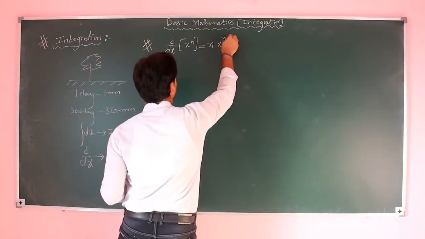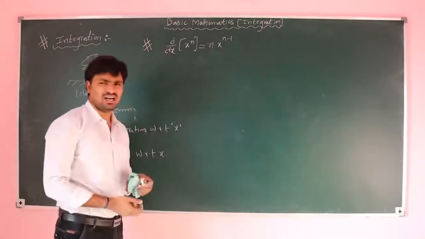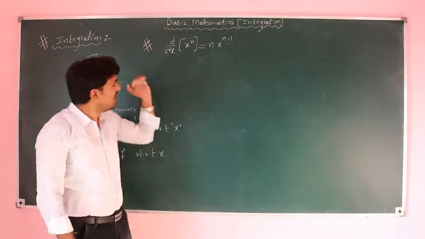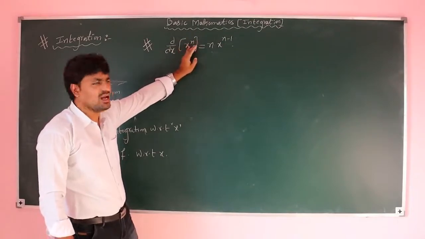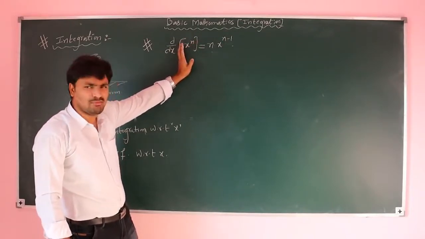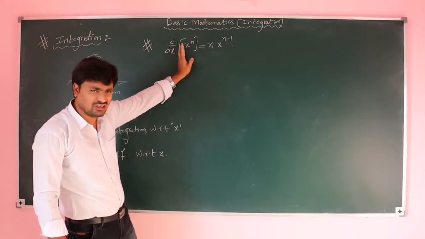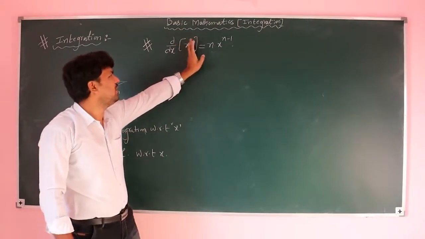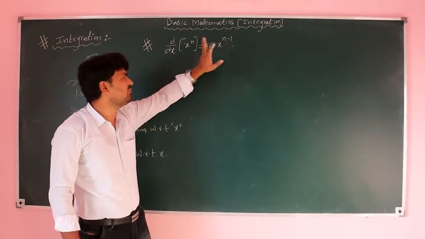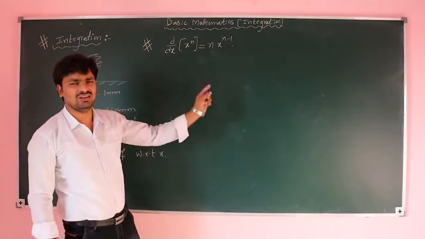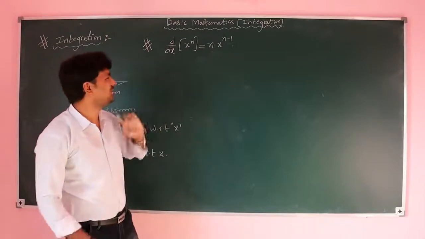That means the value in the power is taken down as a multiplier, and the power is reduced by 1. So n into x to the power of n minus 1.